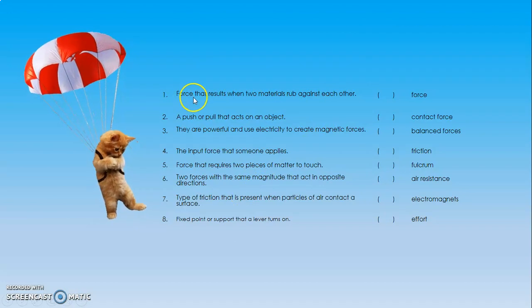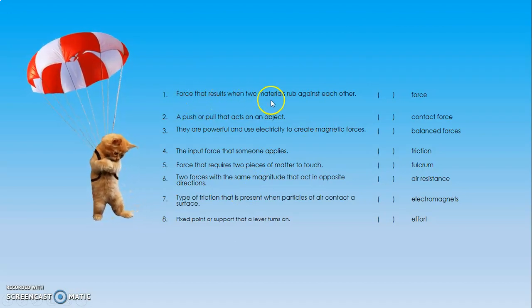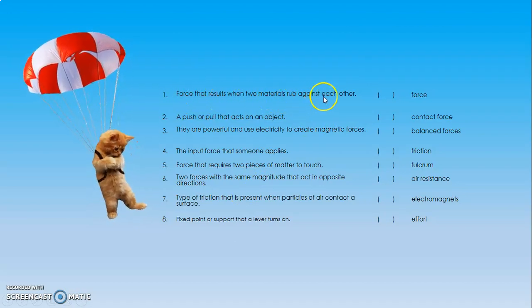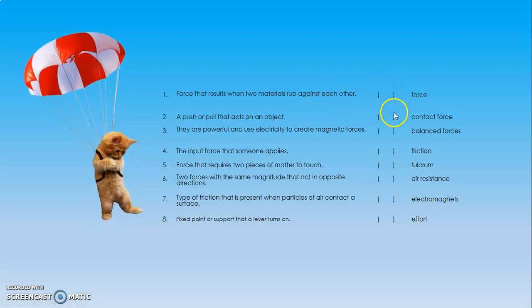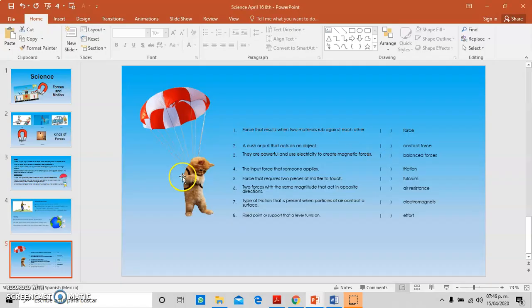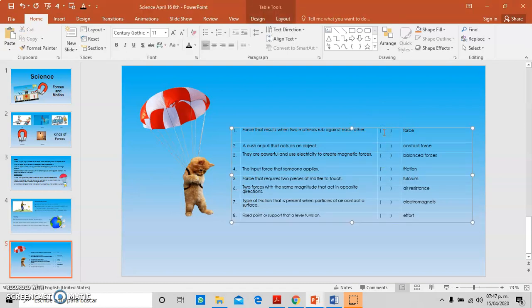Number 1, force that results when two materials rub against each other. Which one? Obviously, it's going to be friction, right? Number 1. Then, number 2, a push or pull that acts on an object.